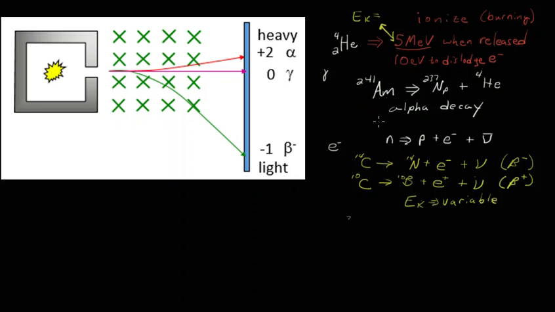So beta particles were variable, alpha particles were always constant. And so I thought, what would cause this? Why would this be? Well, that's where the neutrinos came in.